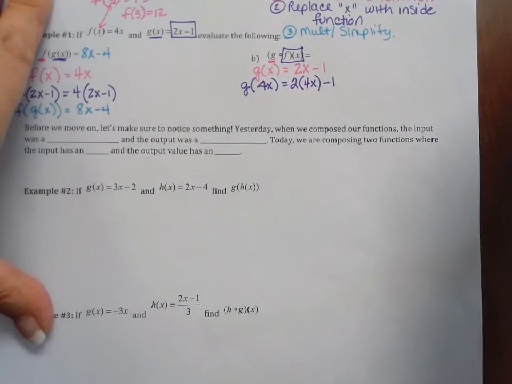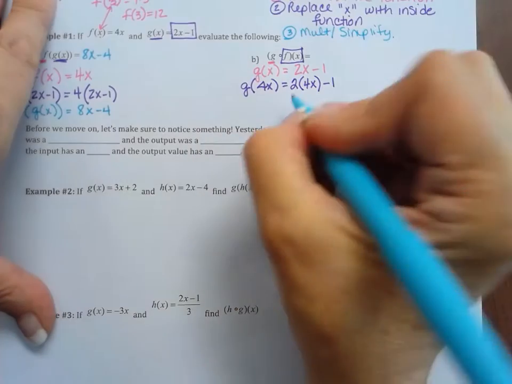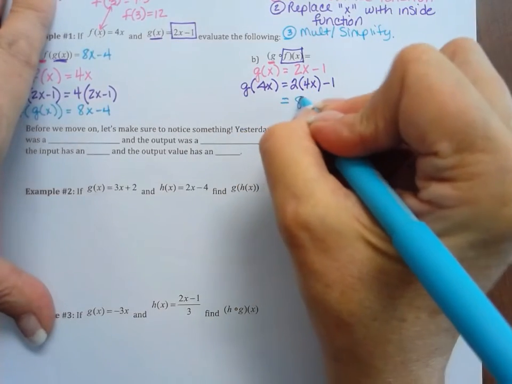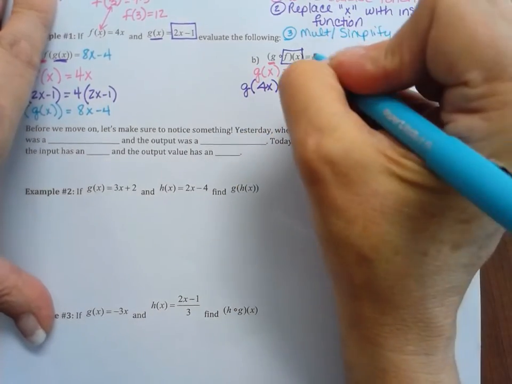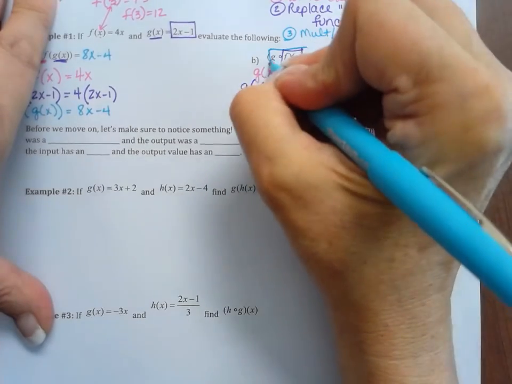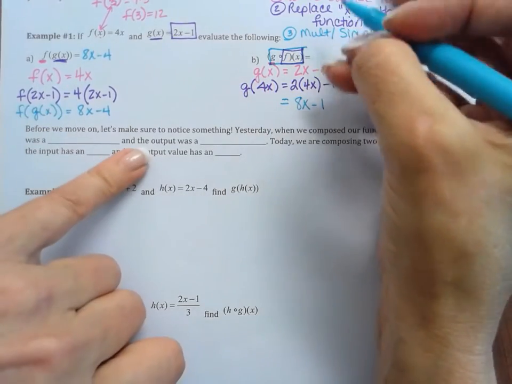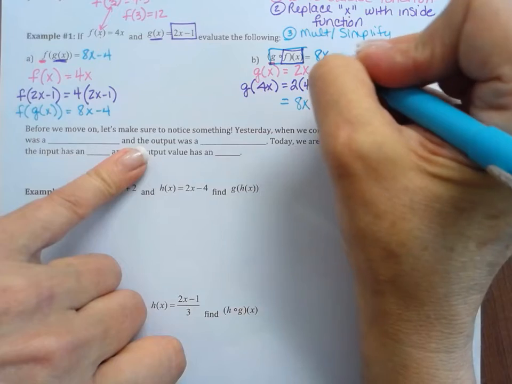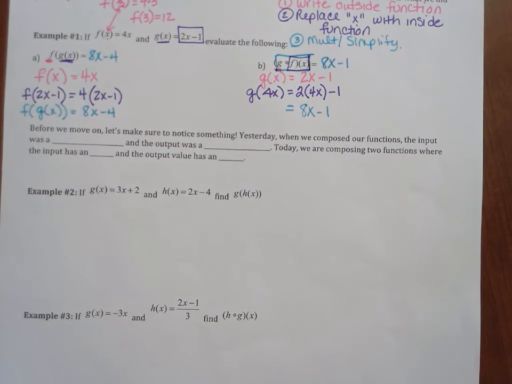Good so far? And when I simplify, I'm going to get 8x minus 1. So the g of f of x is 8x minus 1. Good so far?